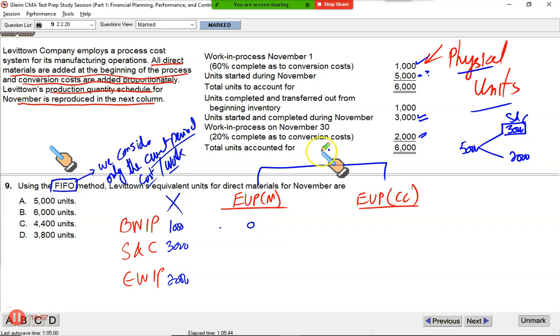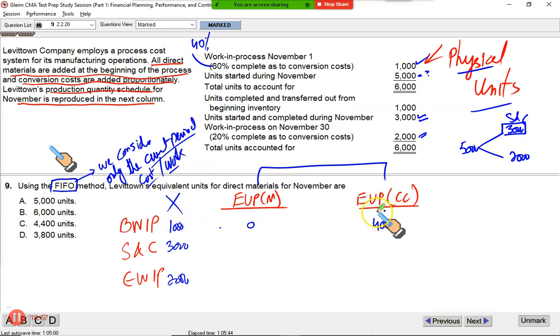Okay, what about the conversion cost? Look at this, these 1,000 units are 60% complete as to conversion cost. These 1,000 units already have 60% conversion cost added in the previous period, which means we added only the remaining 40% conversion cost on these units. So you take this percentage, 40% work done during the current period, and 40% of 1,000 gives you 400.